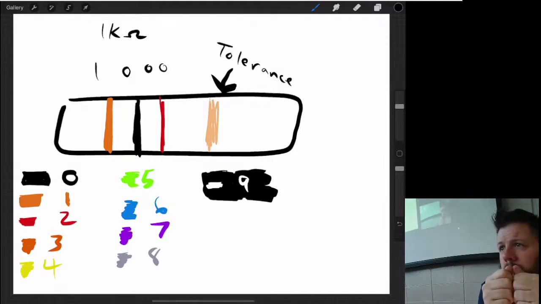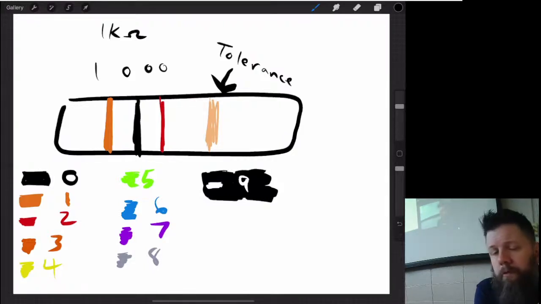So you're in parallel with that. Even though it's a lot of resistance, that's still going to affect the total resistance that you read across. So 1K ohm within 10%, that's within 100 of it, right?